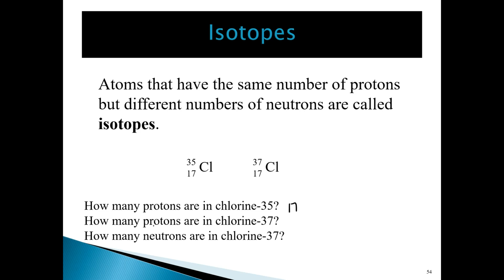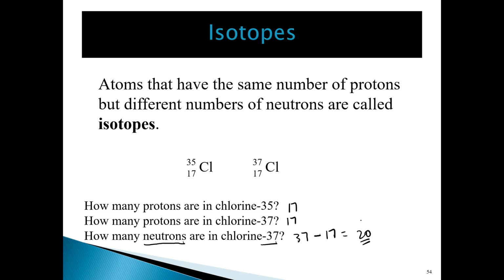And the next question is, how many protons are in the chlorine 37 isotope? And the answer again would be 17. Now, in this case here, the question is asking how many neutrons. And the answer would be 37, which is the mass number in the case of chlorine 37, minus 17. And that works out to be equal to 20.